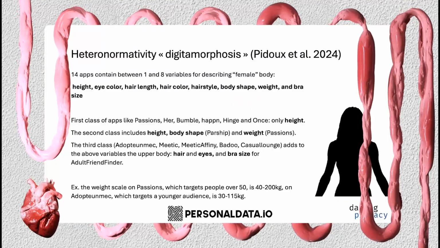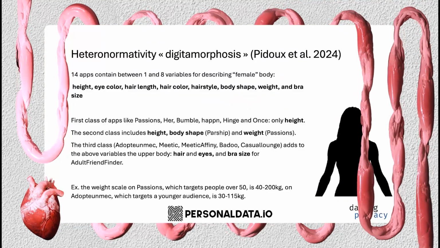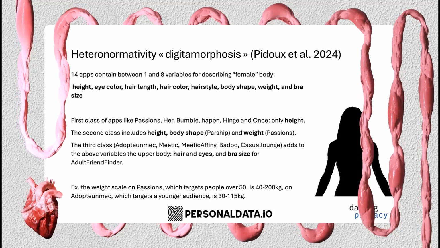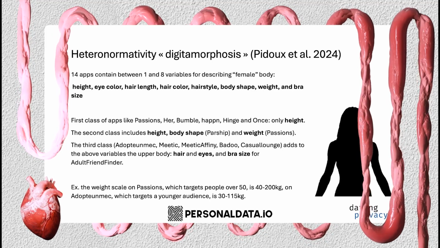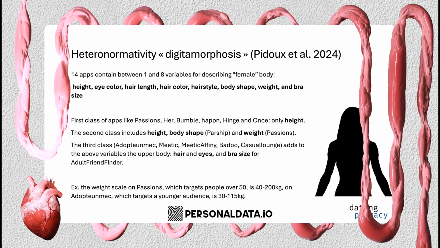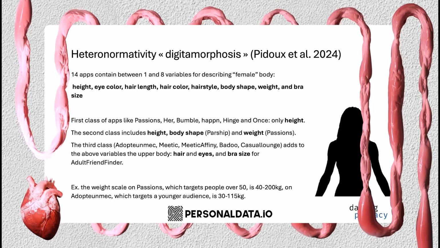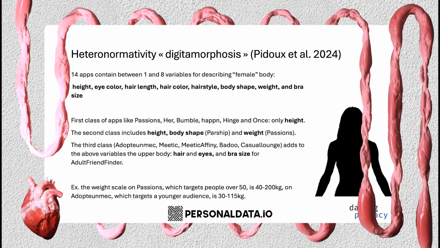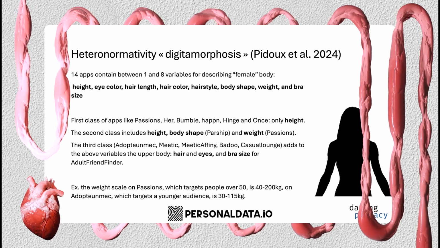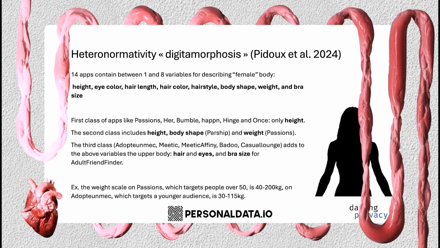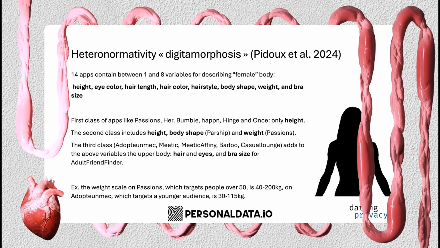And what I show with some colleagues is that these profiles are actually spreading social norms that correspond to heterosexuality. We analyzed more than 14 apps, and Her was included there. And we saw a reduction of the representation of the body for women.